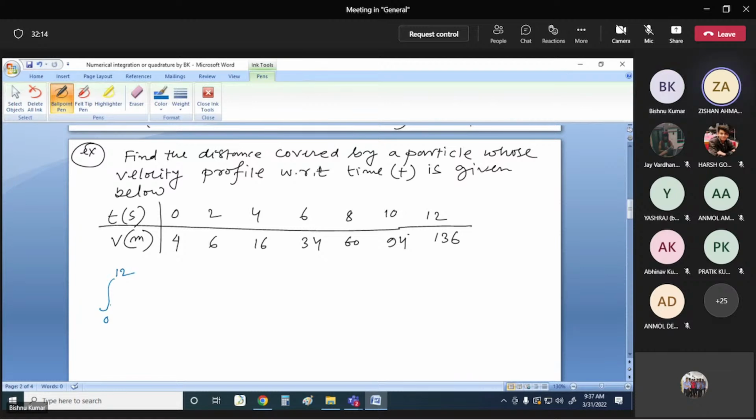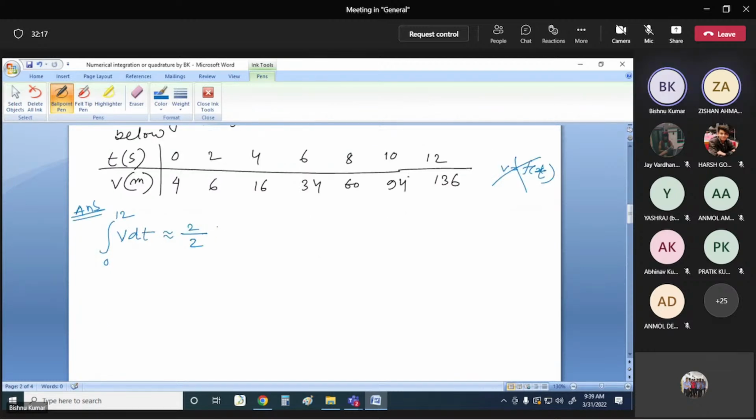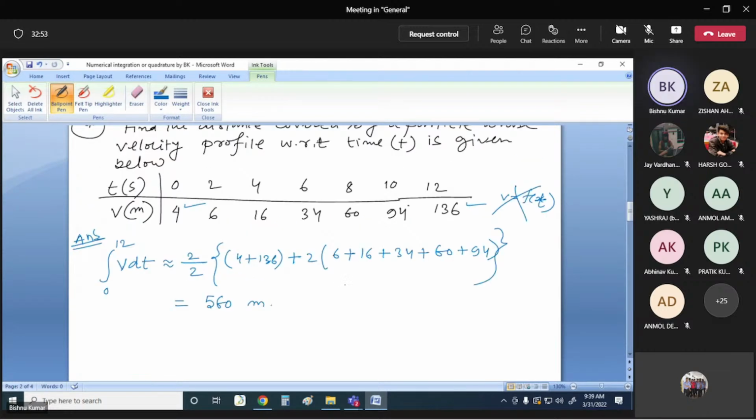So 2 by 2, within the bracket first point plus last point, means 4 plus 136, plus 2 into intermediate y ordinates, means all the remaining y: 6 plus 16 plus 34 plus 60 plus 94. That is your answer. We are getting 560, sir. So you are getting 560 meters. After 12 seconds, your particle will reach up to 560 meters. That is the answer. If you understand nicely, you will see how easy it is; just try to rearrange everything.